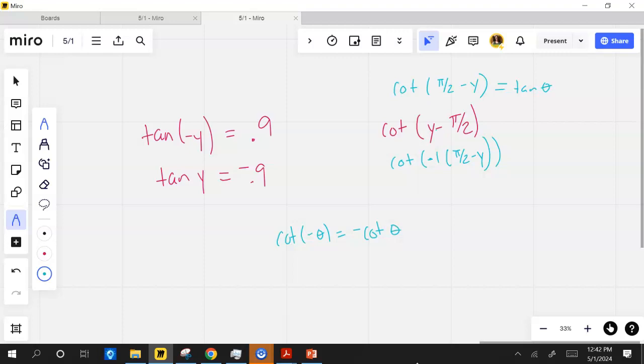Cotangent of negative theta is negative cotangent theta. It's just like the tangent one here. So I could rewrite this as negative cotangent of pi over 2 minus y. I'm trying to get it to look like one of those identities without changing its value.